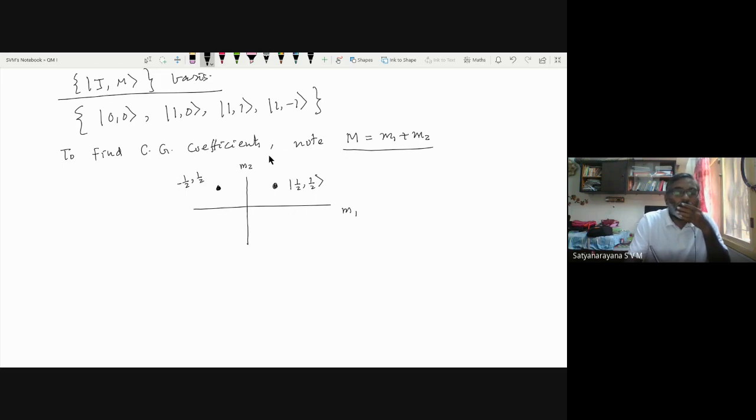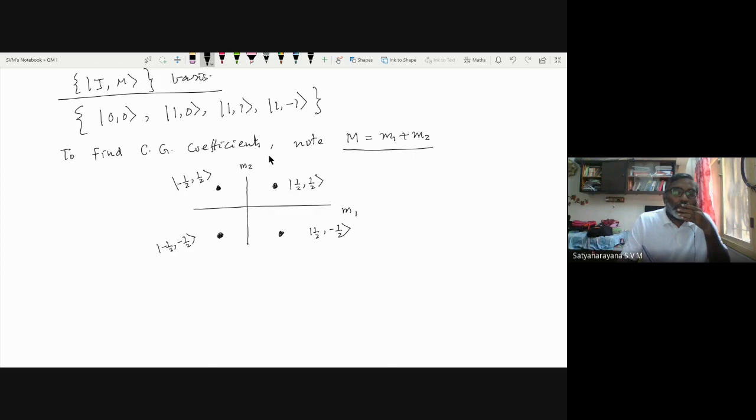The first one is the m1 coordinate, the second one is the m2 coordinate. Then I have a point here representing minus half minus half, and then a point here representing minus half comma half. So I have put 4 points, and these 4 points are associated with these 4 m1, m2 bases. This is just a representation.